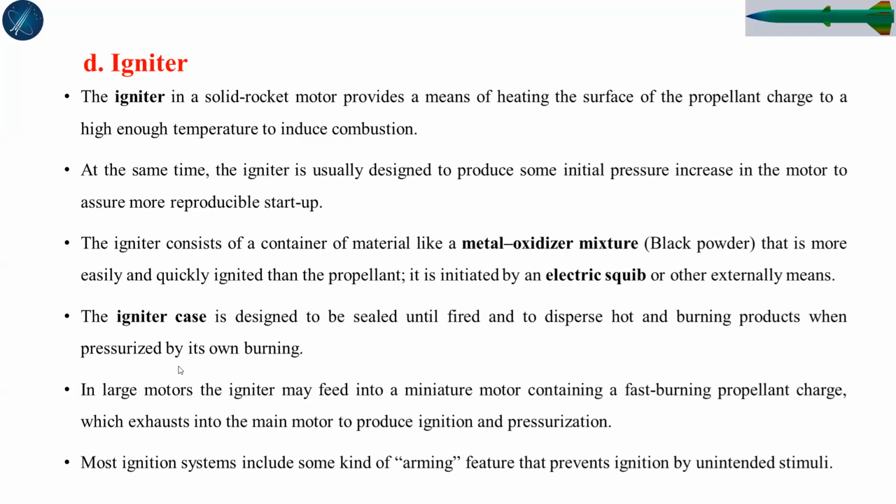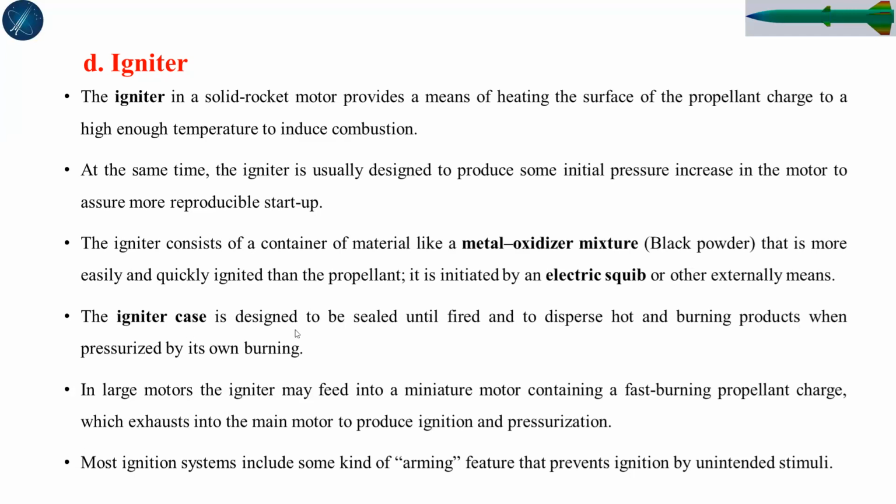There we provide some electrical wires. And the electrical wire will be connected with an easily sensitive material known as mercury fulminate. Filaments of mercury fulminate will be there. That easily helps us to initiate the ignition soon. So electrical wires are required.